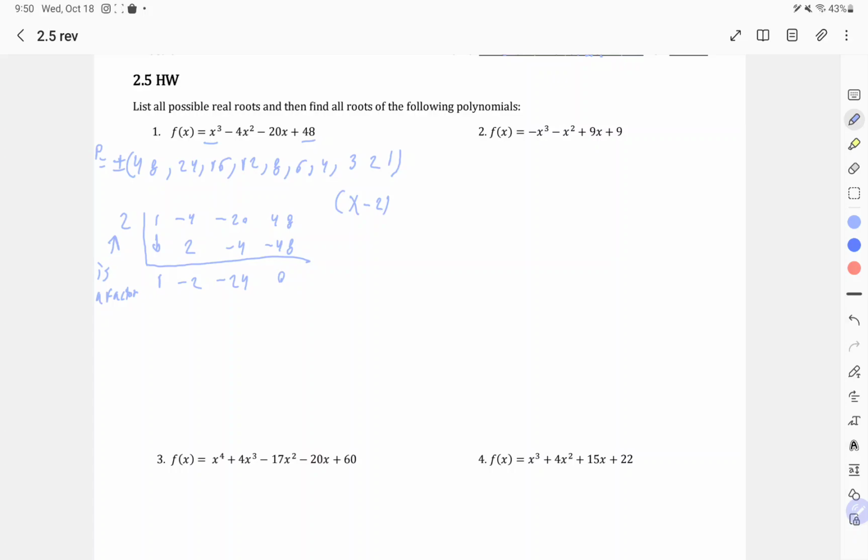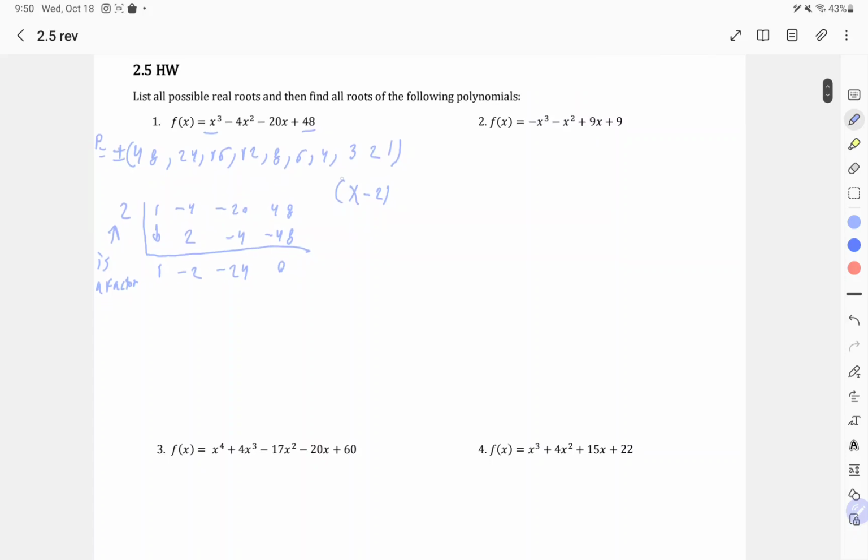All right, let's try another one, like eeny, meeny, miny, mo, catch a tiger by his toe. 6. Let's try 6. So if we put 6 in here, we got 1, negative 4, negative 20, 48.